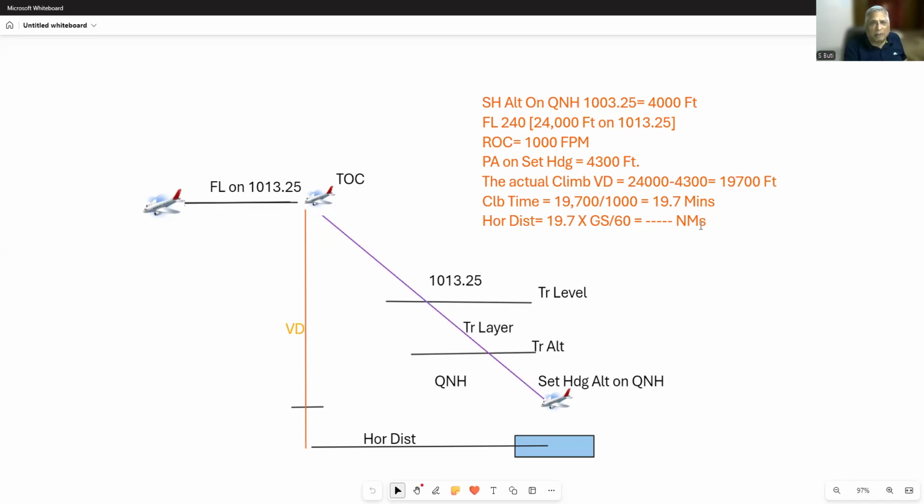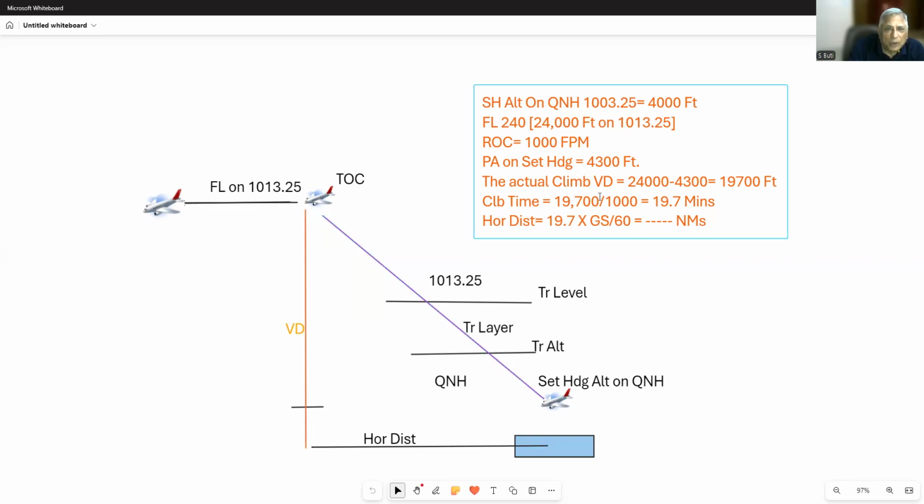So now, since I'm increasing it by 10 millibars, the altimeter reading will increase by 10 into 30 feet, 300 feet, and it will start reading 4,300 feet. So now, what I have actually climbed is 24,000 minus 4,300, 19,700 feet. Okay, that has been my actual climb from this set heading point.